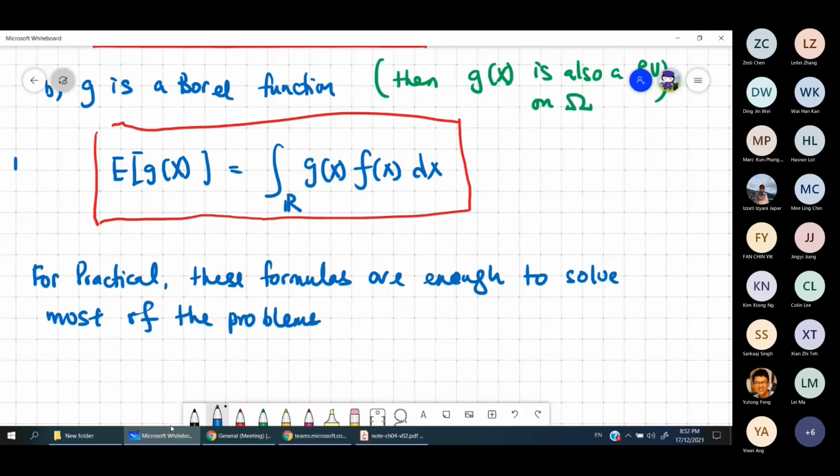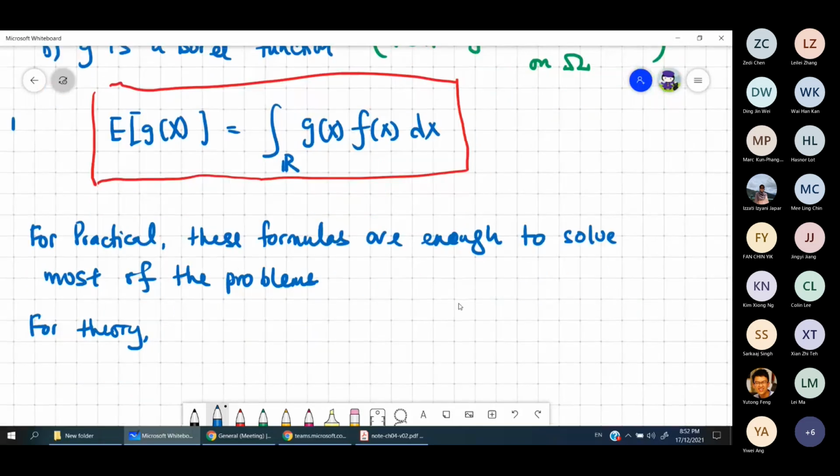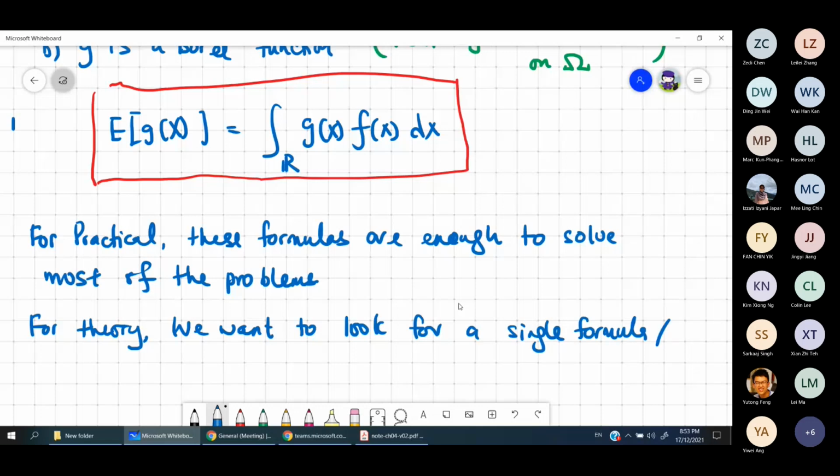However, for theory, we always want to look for just one formula, or rather one formulation, to describe E[X].